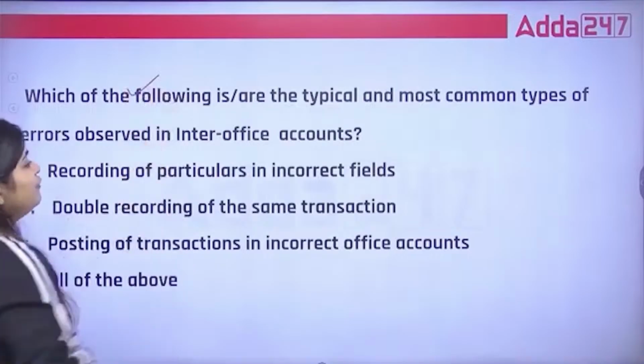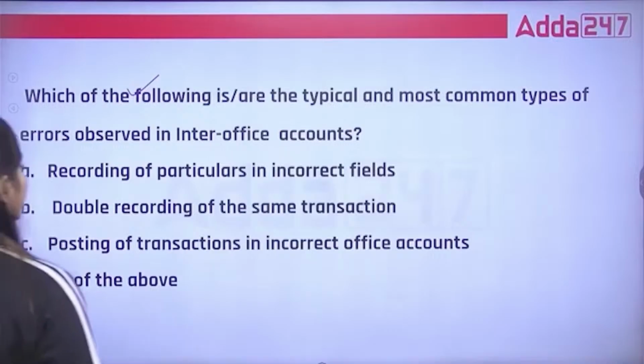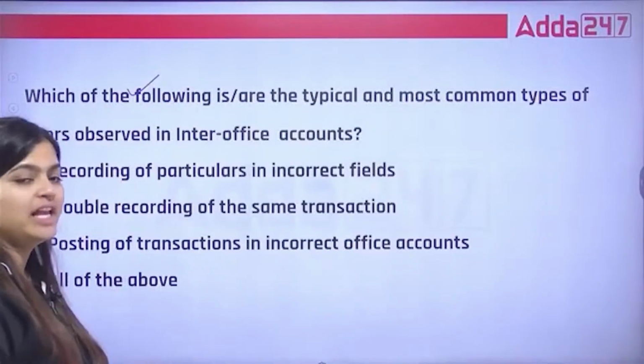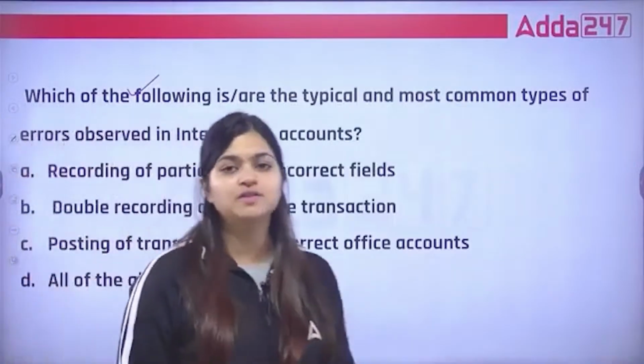Next, which of the following is the typical and most common type of error observed in inter-office accounts? A. Recording of particulars in incorrect fields. B. Double recording of the same transaction. C. Posting of transactions in incorrect office accounts.